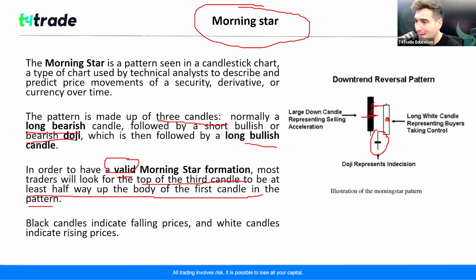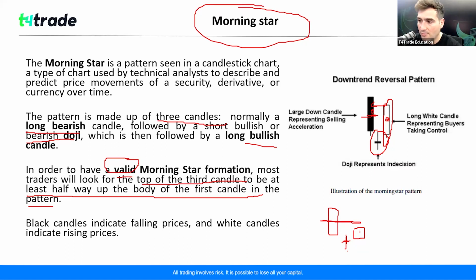You need a big bullish candle that surpasses at least the halfway point of the bearish candle that initiated this morning star formation in order for it to be valid. Keep this in mind. If you have a bearish candle, doji, and then a small candle, this is not a morning star pattern.